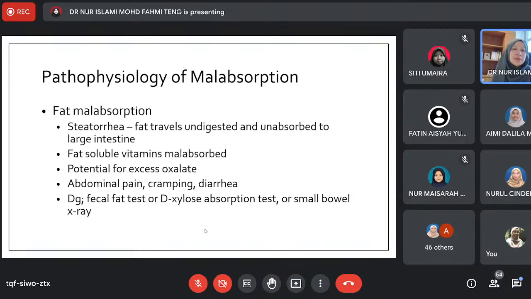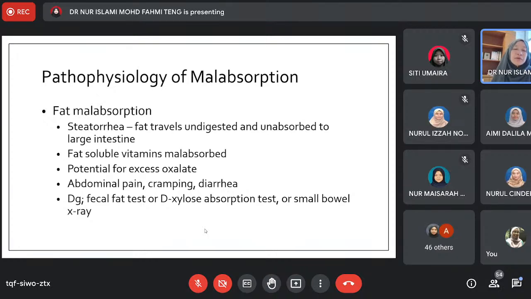The symptoms include abdominal pain, cramping, and also diarrhea. For diagnosis, it is a fecal fat test, or the D-xylose absorption test, or small bowel X-ray. So that is for fat malabsorption.